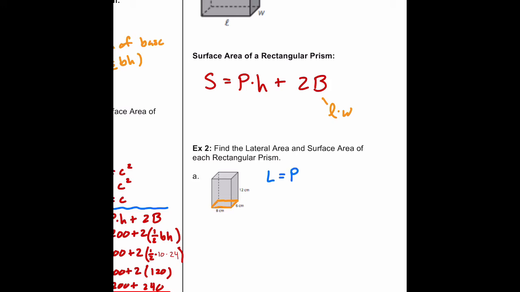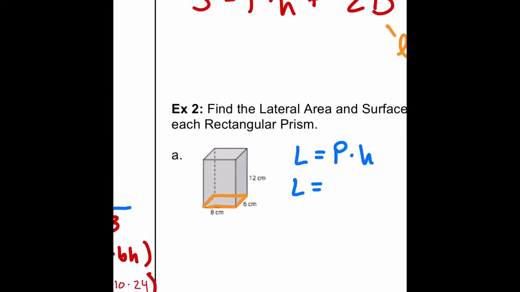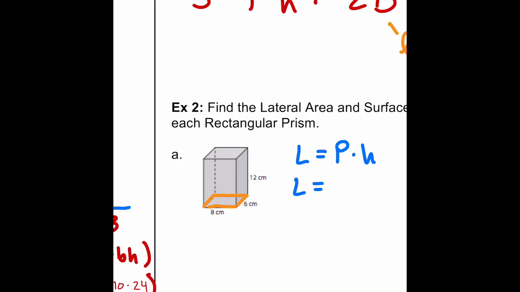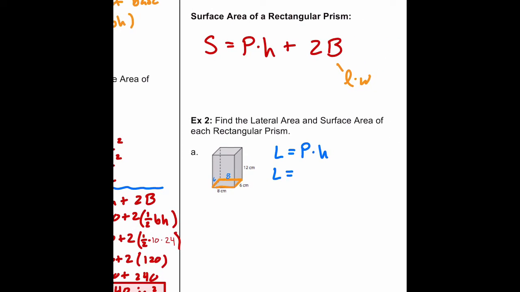P times H. To find the perimeter, remember, since it's a rectangle, I'm going to zoom in a little bit. We know that this opposite side is 8, and this opposite side over here is also 6, because opposite sides are congruent in a rectangle.